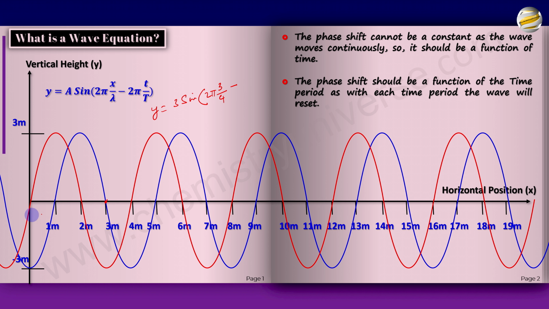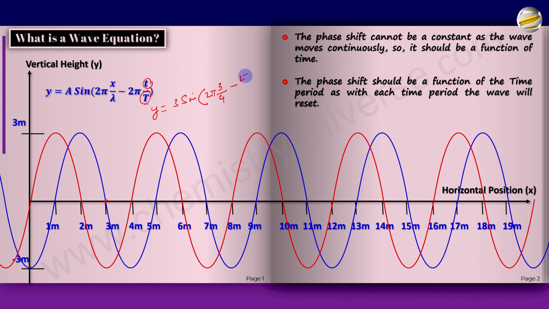Now, how much is the phase shift now? The blue wave has moved by an angle of pi by 2. Or you can say it has moved through 1/4 of the time period. Because see, it has moved by a distance of 1 meter. If it were to travel 4 meters, it will travel in T seconds, let's say. So if it moves only by 1 meter, it has moved by 1/4 of the time period.